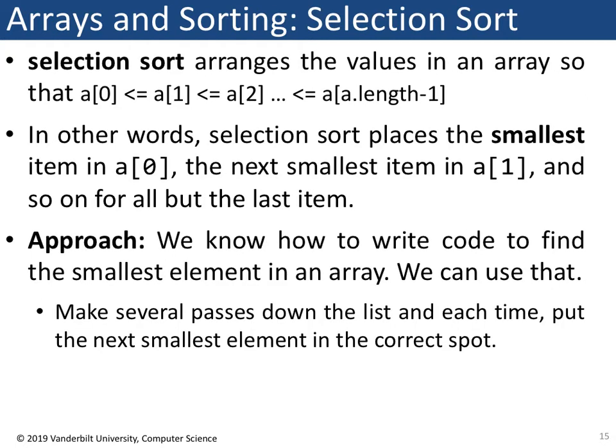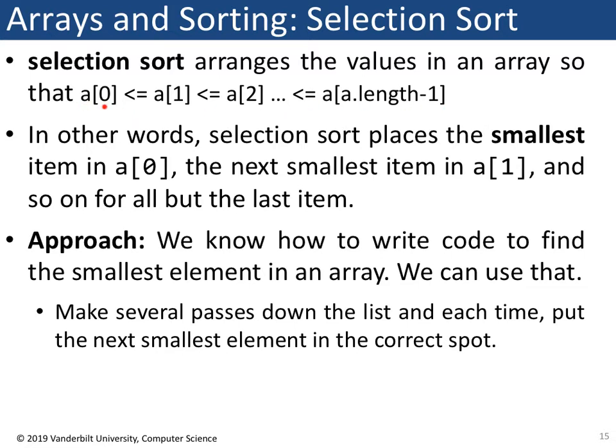Selection sort is going to arrange the elements by looking for the smallest element and storing that in element 0. Then finding the next smallest element and storing that in element 1. And so forth until it has reached array length minus 1. So for each array element, it's looking for the smallest remaining value.